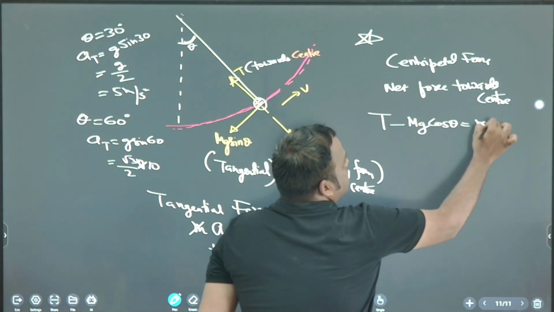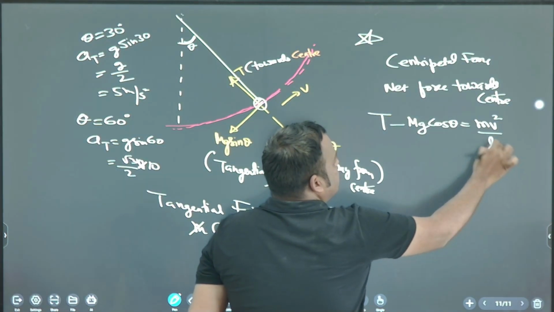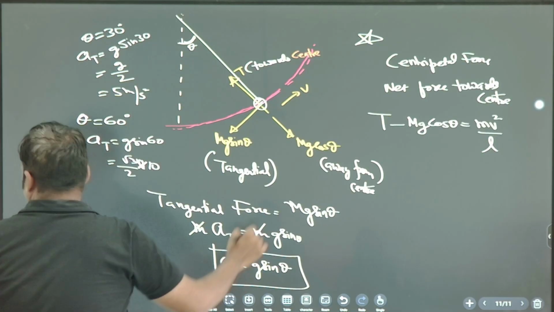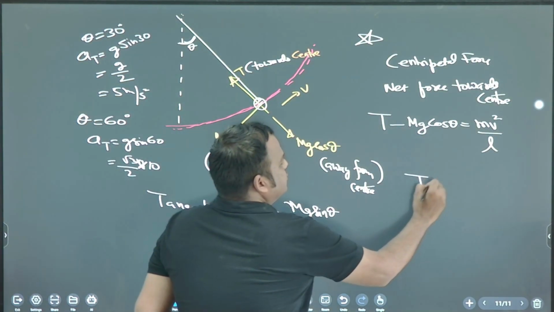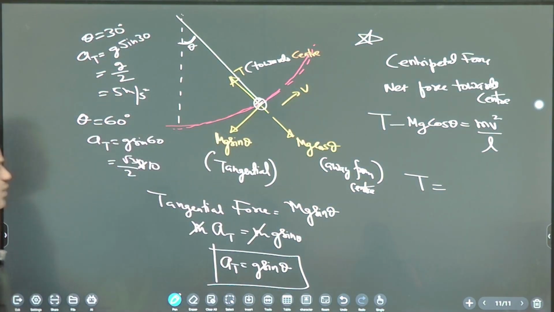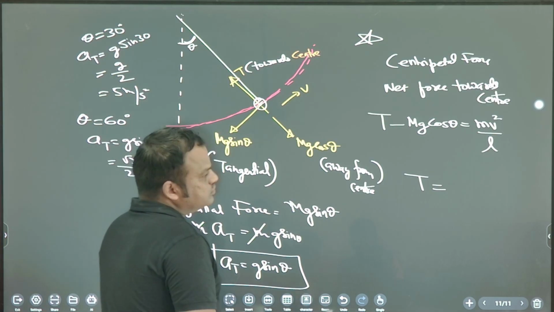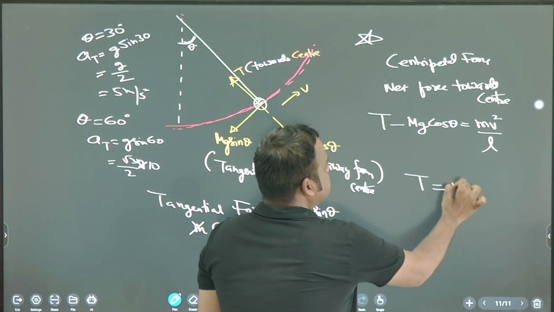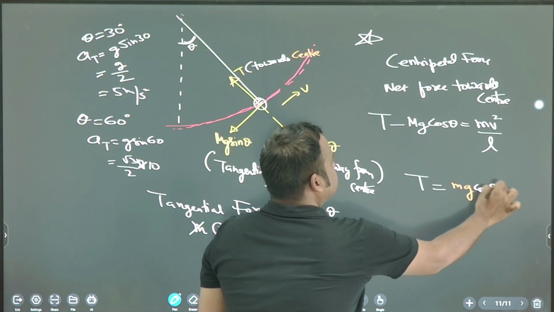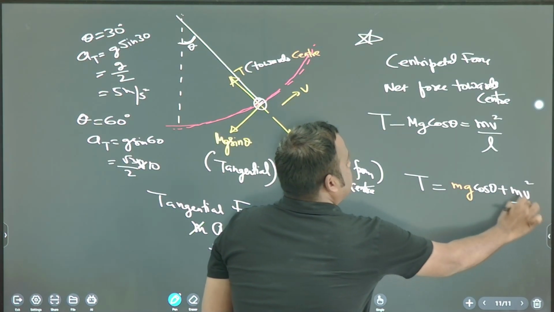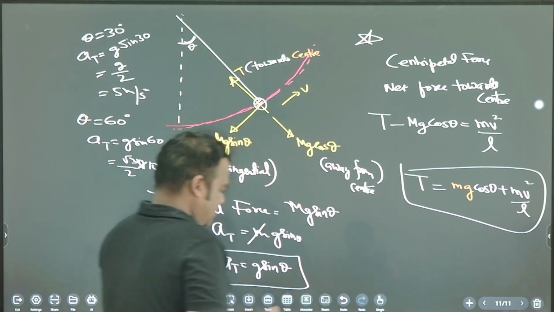So that equals mv square by r, R and L are the same thing. So T is equal to, calculate, what is T? Note down. So this is tension.